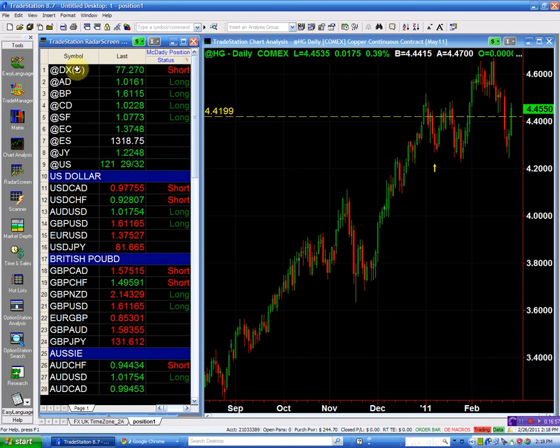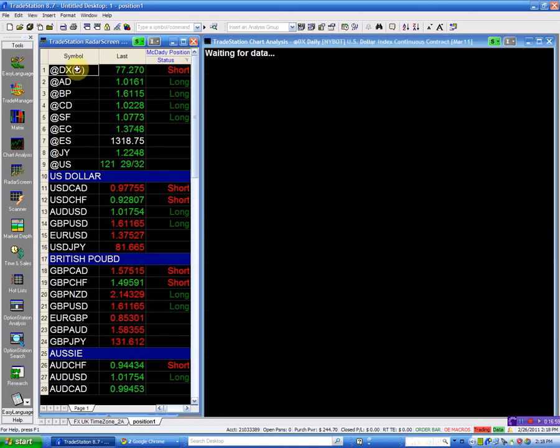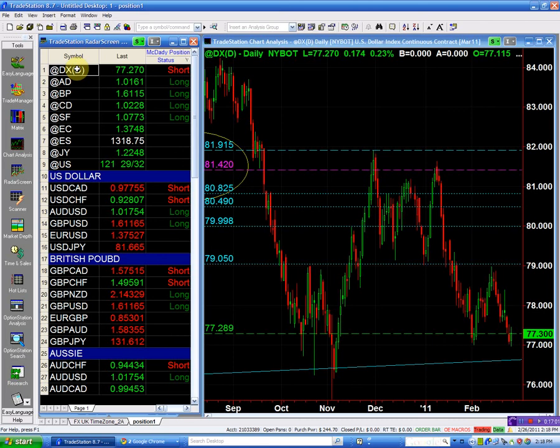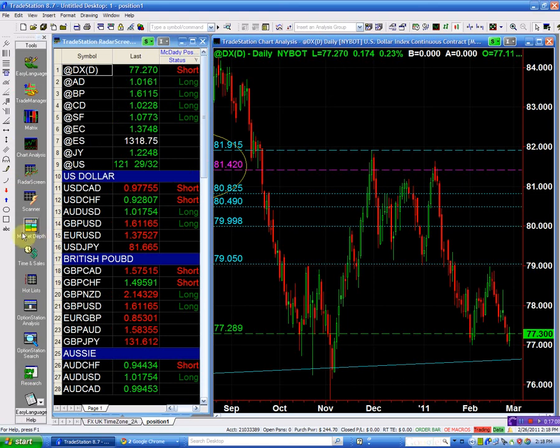So if I go back, the strongest pair or the strongest currency so far that we have is the Australian dollar, and then the Canadian.